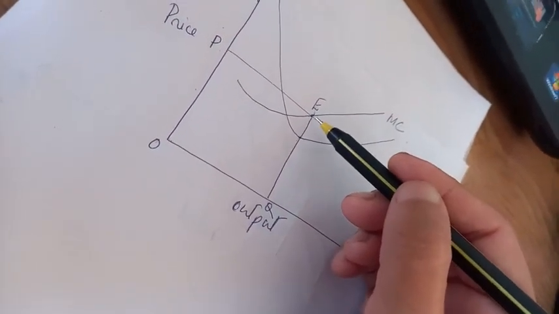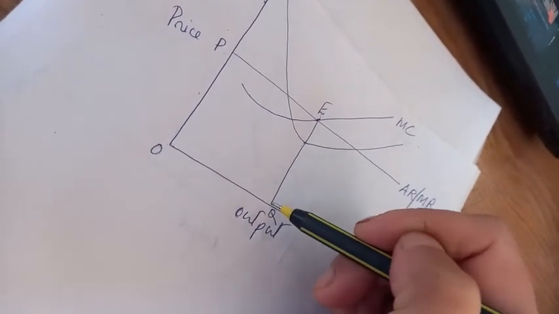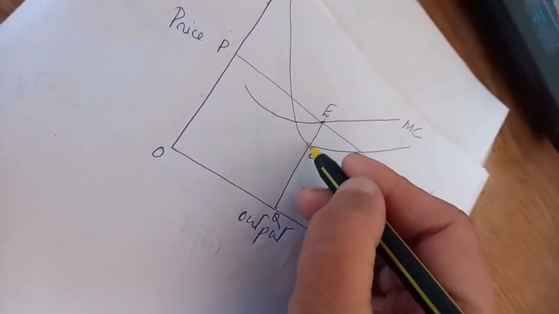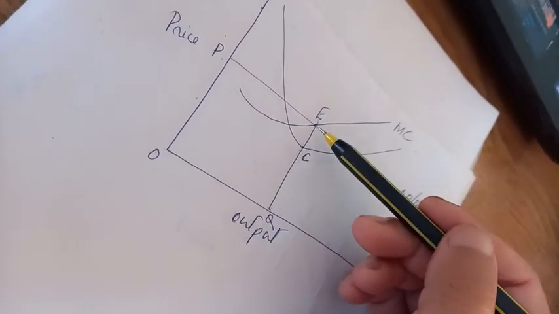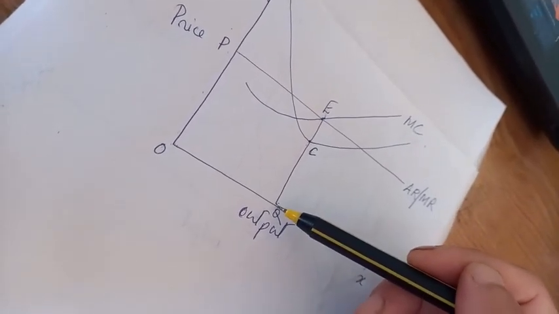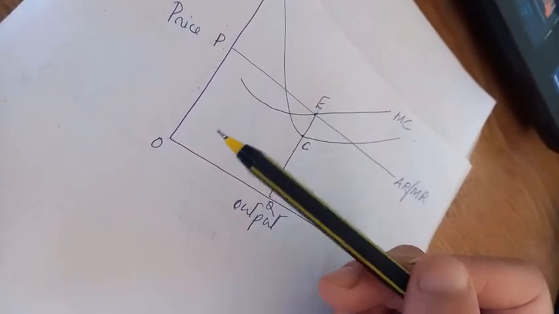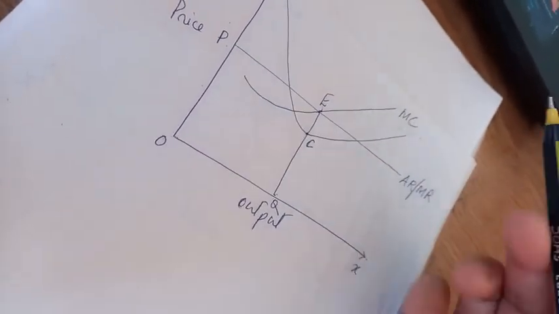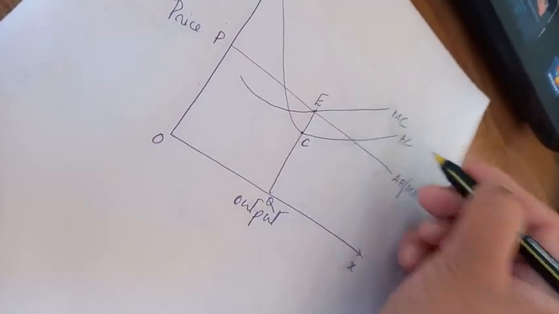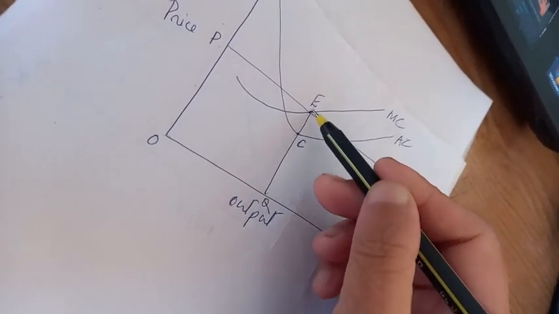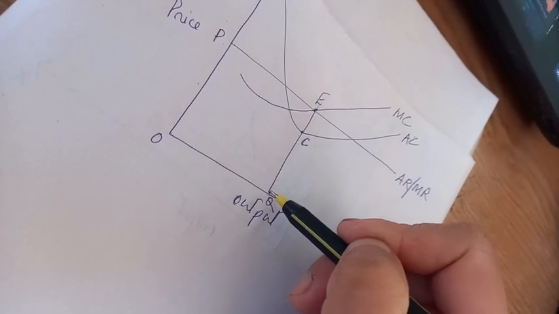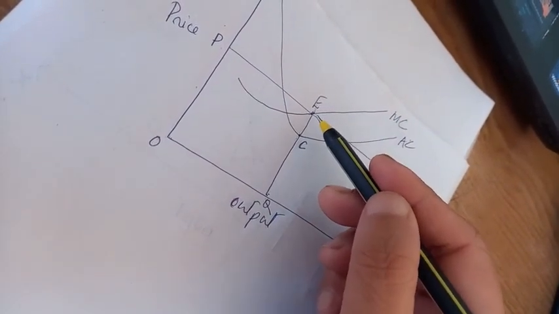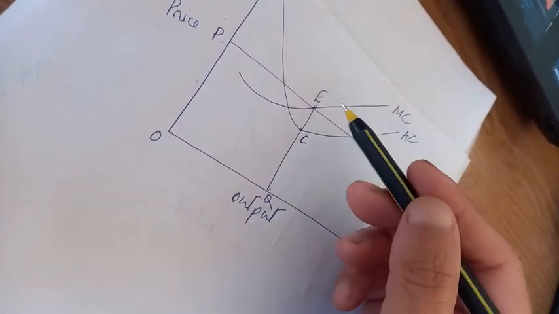Looking at this perpendicular that we drop from point E towards the output axis, giving us OQ as the output, after having produced OQ as an output and charging OP as the price or the AR, let us have a look at how much the average cost is.